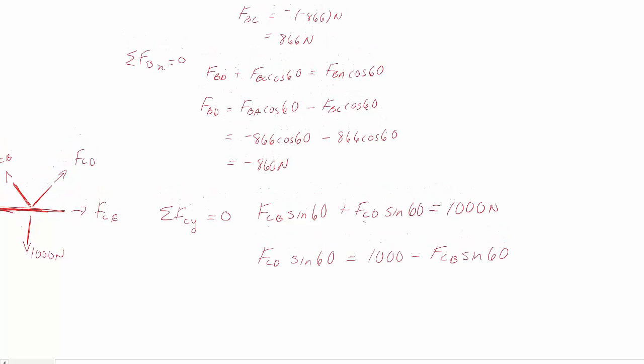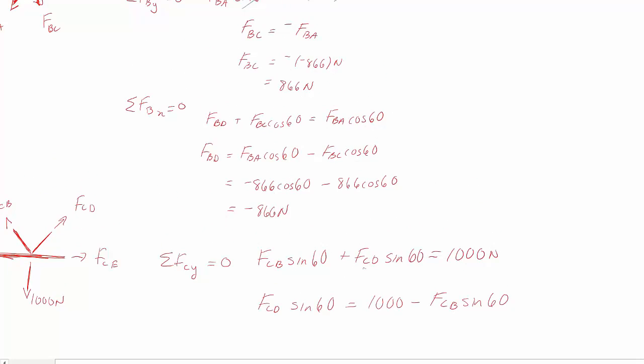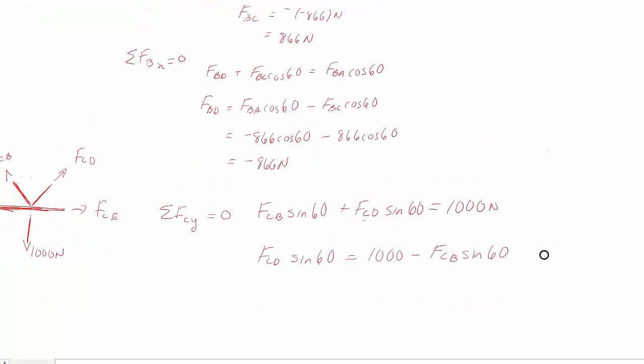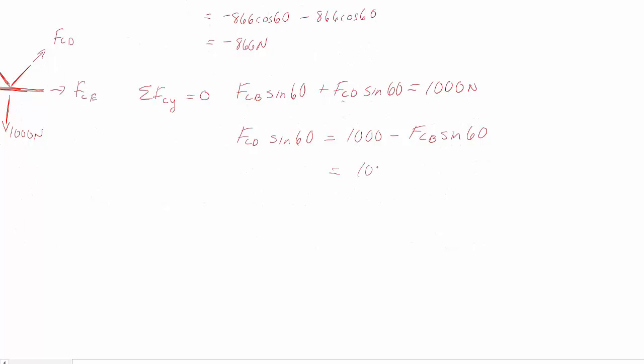FCB was 866, was a positive number. So I know this is 1,000 minus 866 sine 60. 866 sine 60, that's the 750 newtons. So this is actually equal to 250 newtons.